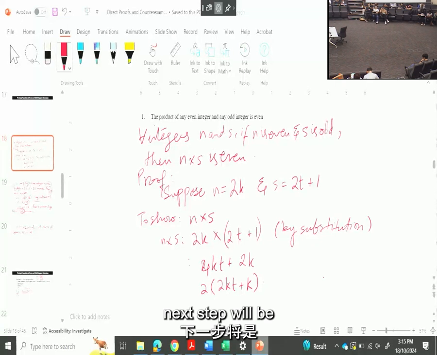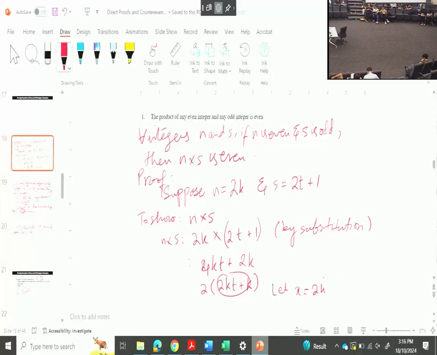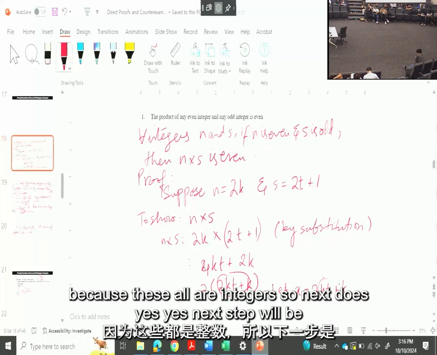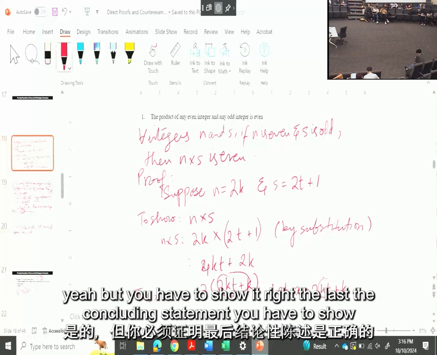Yeah. So the next step will be to take any, because these all are integers. So next, thus, yes. Next step will be, but you have to show it, right?